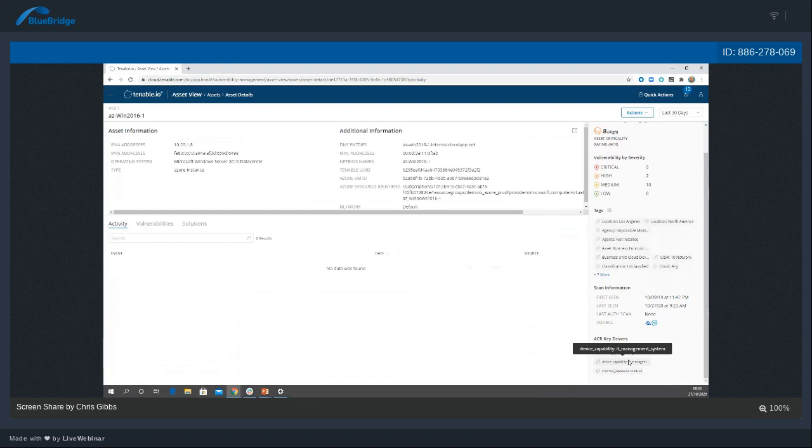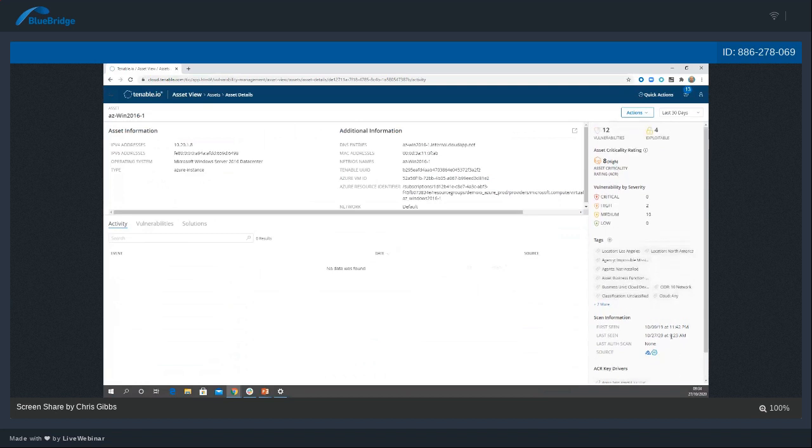It might be a domain controller. It might be a database server. And then what is the device type? Is it a firewall? Is it a server? Is it a workstation? That kind of stuff. Using all of that and a few other things that happen in the background will determine an initial criticality, but we don't know your environment, so we just make an educated guess based on what we see.